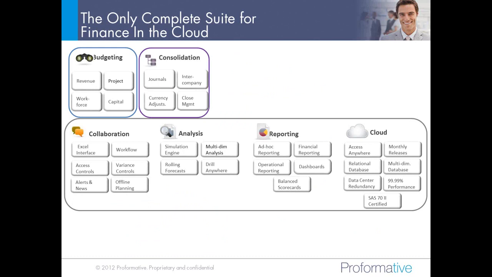This is the true accounting consolidation, not just rolling up your budget information, but truly handling the GAAP or the accounting rules and being able to do multi-currency translations, being able to handle intercompany and elimination entries, and rolling all that information up to present consolidated information.